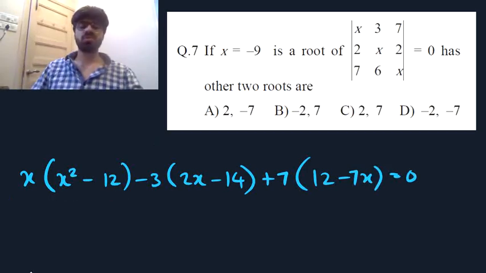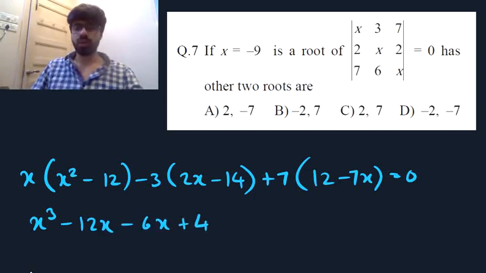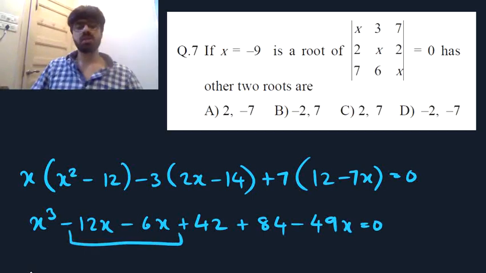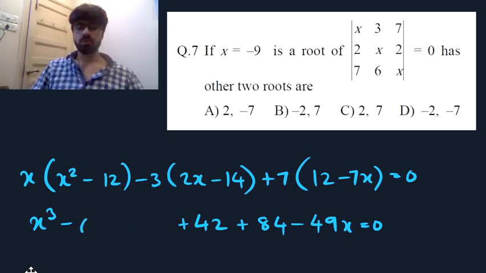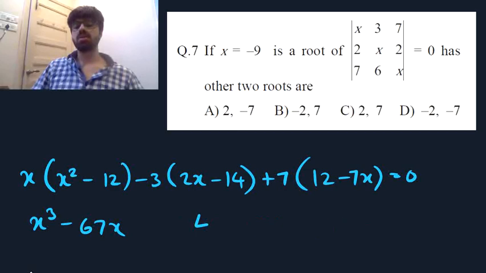Expand these terms, so we will have x cube minus 12x, then minus 6x plus 42, plus 84 minus 49x equal to 0. So we have minus 18x minus 49x, so that will be minus 67x plus 126 equal to 0.